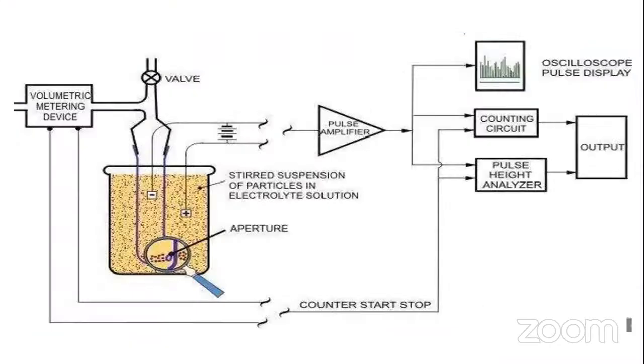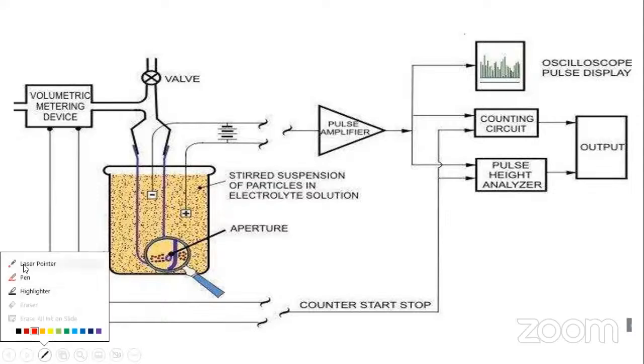This is a diagram, a schematic of the function of what I'm talking about. You look at it from here, we have how it works from the valve. We have the aperture where the microorganism is passing through. Let me use the laser.